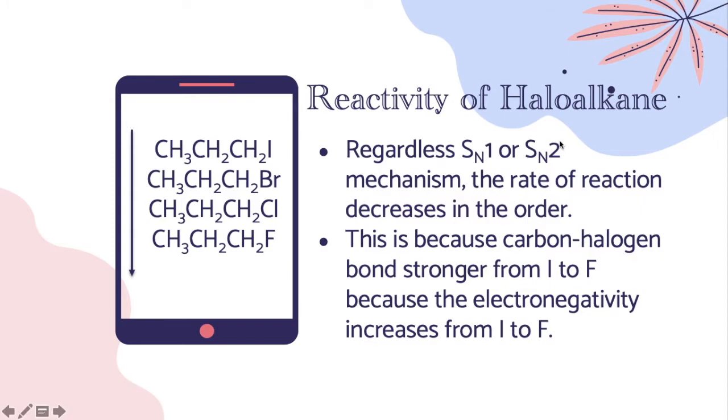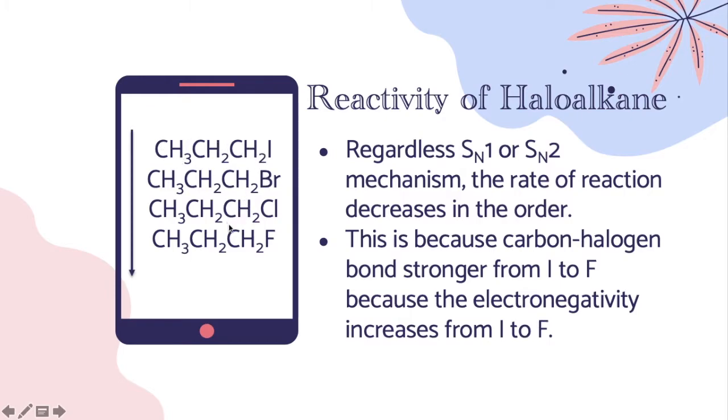Reactivity of haloalkane. Regardless of whether it's SN1 or SN2, the rate of reaction decreases in order if you have different types of halogen. Here we have CH3CH2CH2I. All these have 3 carbons.